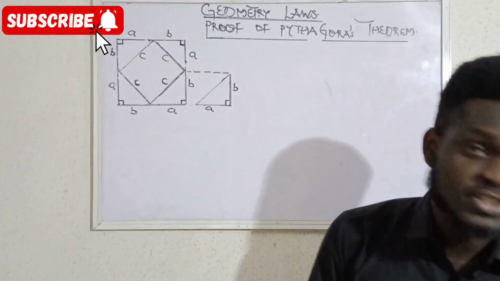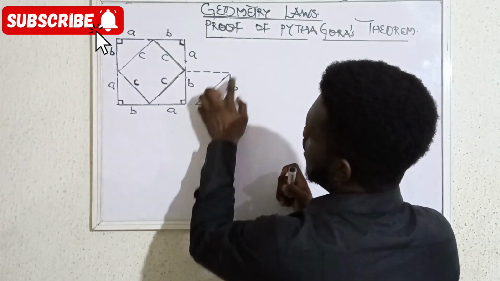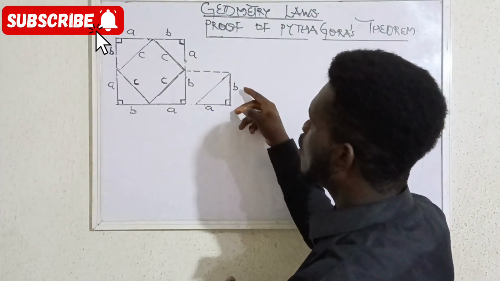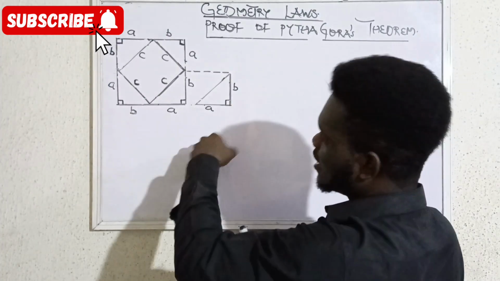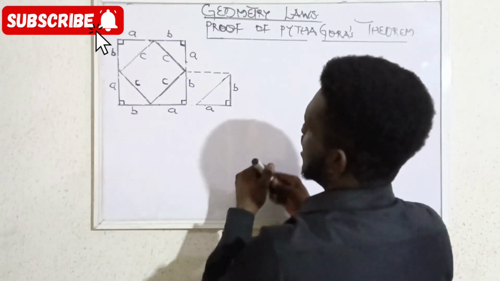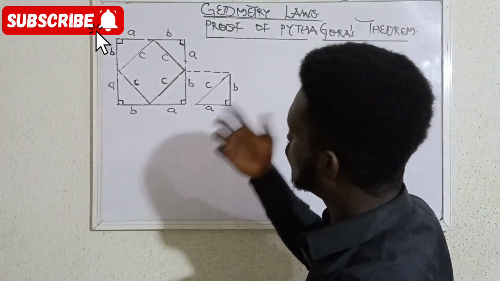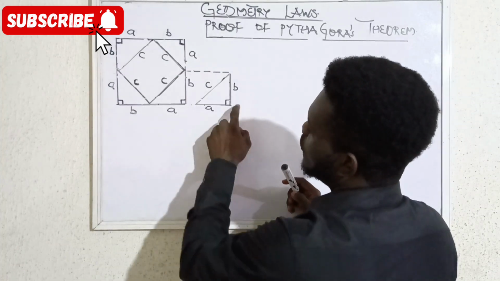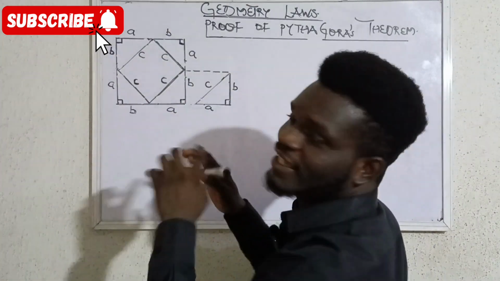Now, one thing you must understand is, let's take for instance that we have a right angle triangle like this, of sides A and B, and it has side C. What we need to note is that this is angle 90, and if you arrange it in 4 places, you are going to get a rectangle.